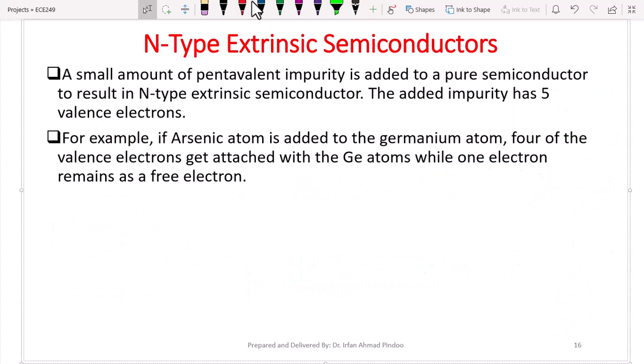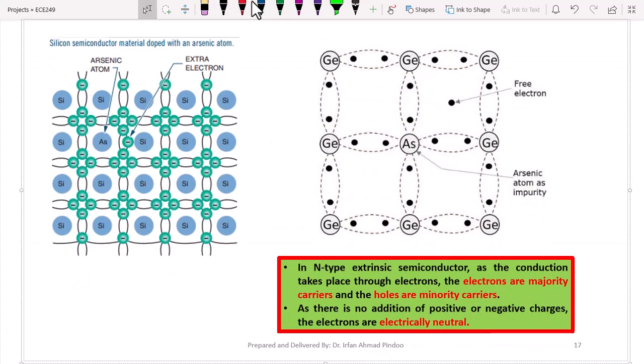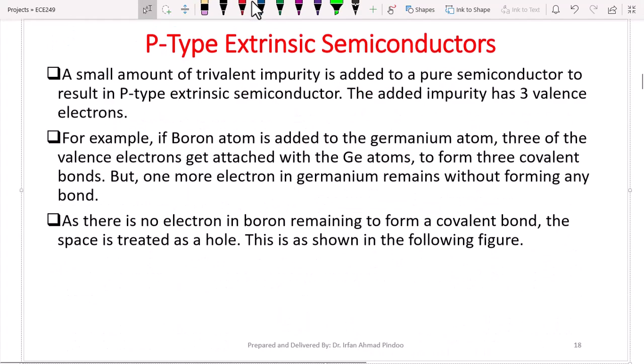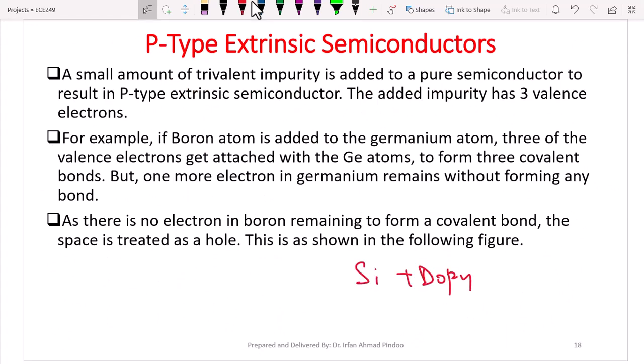Now extrinsic semiconductors, as I said, can be of N type or P type. It is very simple. If we are adding pentavalent impurities, then it is called an N type extrinsic semiconductor. In the same way, a P type semiconductor means we have silicon and we are doping it with trivalent impurities, so it will become P type, right?